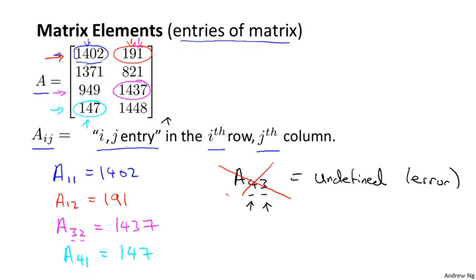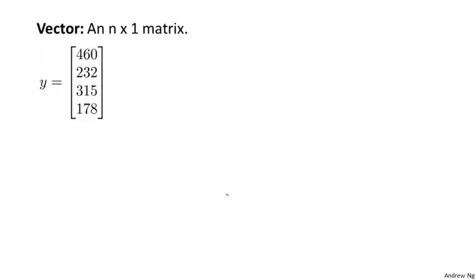Next, let's talk about what a vector is. A vector turns out to be a special case of a matrix. A vector is a matrix that has only one column. So if you have an n by 1 matrix, remember, n is the number of rows, and 1 here is the number of columns. A matrix with just one column is what we call a vector. Here's an example of a vector, with n equals 4 elements.